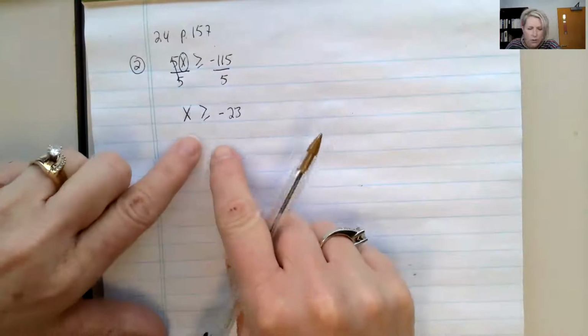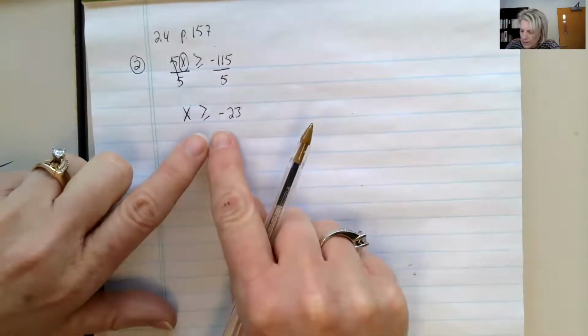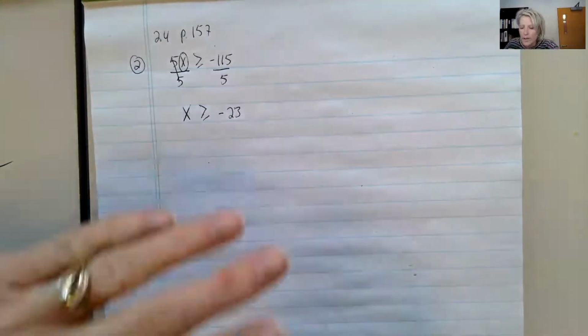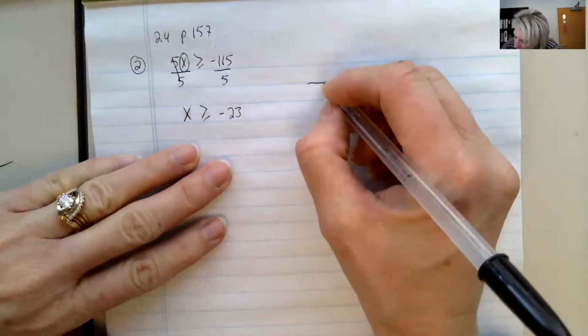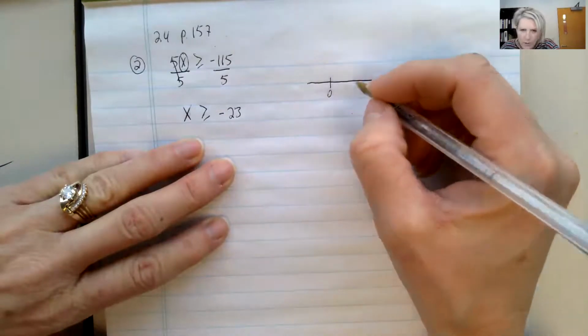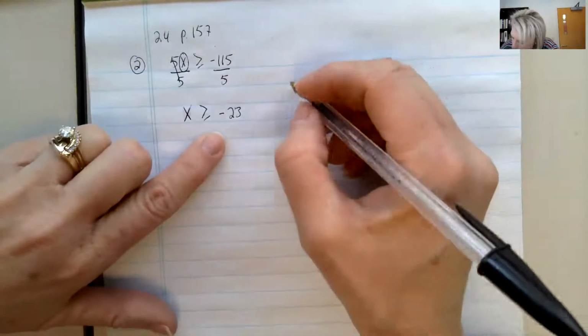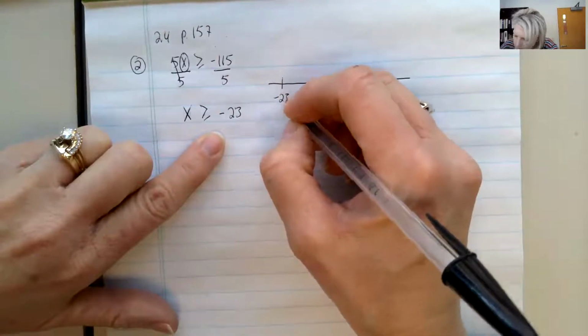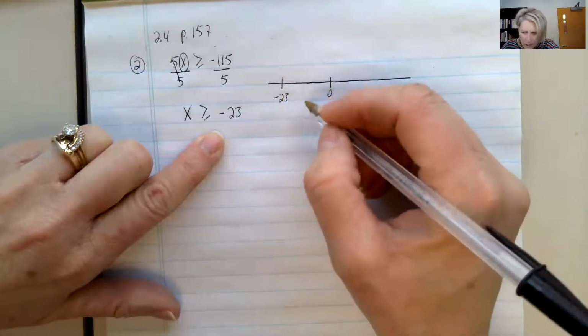Okay, so they asked us to give the answer as an inequality, which we did, and then graph the solution. When they say graph, they're saying graph on a number line. So I'm going to mark 0 just for myself, and then negative 23 is going to be to the left of 0 on the number line. You do not need to be too particular about where it's at.